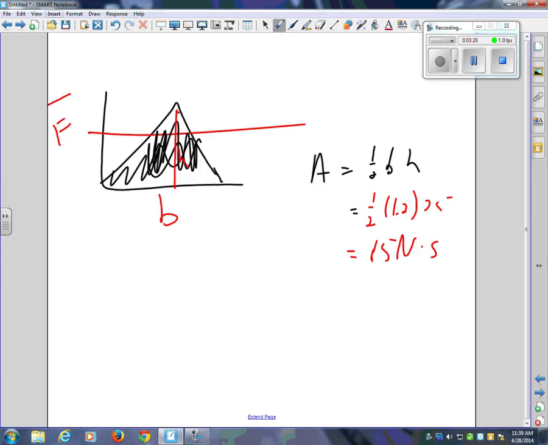What if it's not nice like that? Calculate the impulse for the time interval shown in each of the following graphs. This is example number 4.